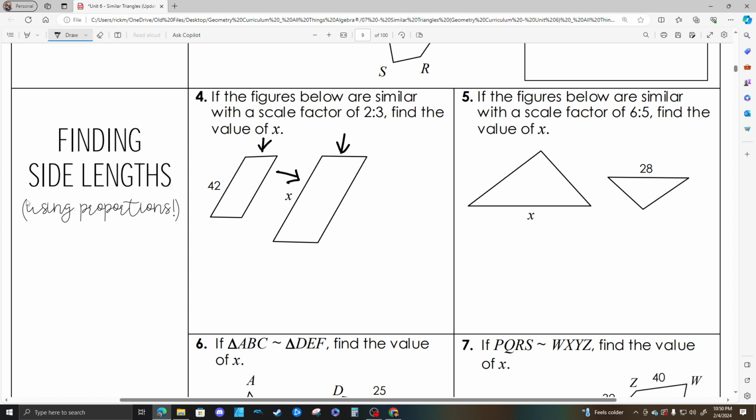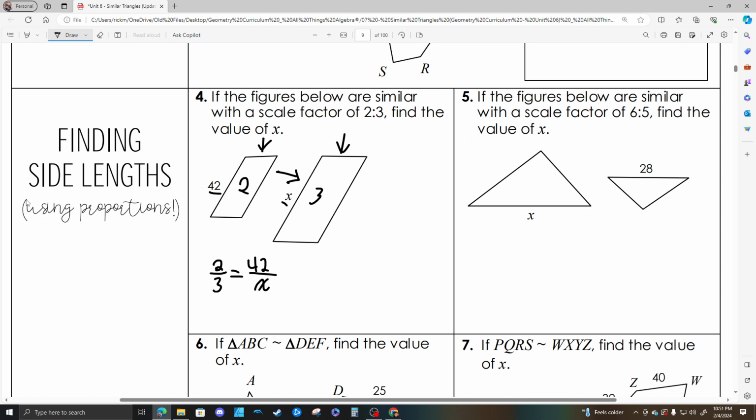Then we also know that they have to be proportional, right? So we know that 2/3, which is the scale factor, has to be true when we are comparing 42 to whatever the x value of this one is, right? We know that this is going from 2 to 3, and we also know it's going from 42 to x.